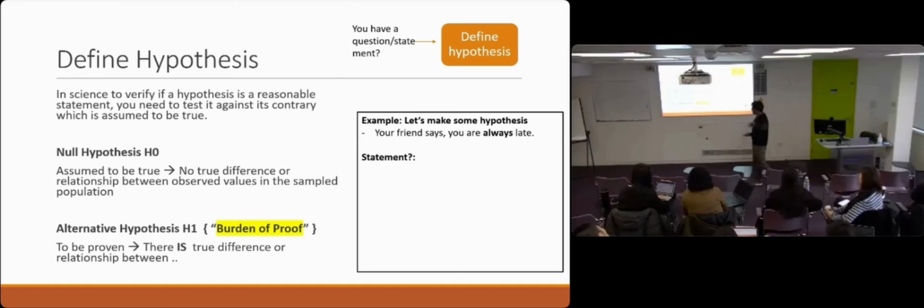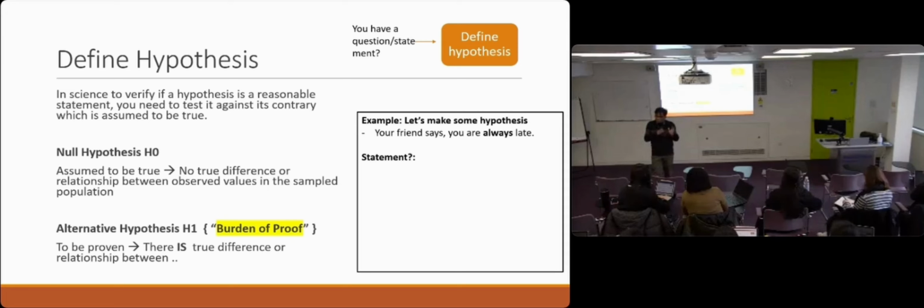It is the same thing as in the judicial system. Anybody in a criminal case is innocent unless proven guilty, right? So when they fight in court, the burden of proof is on the prosecution. They have to prove that he is a criminal or committed a crime, and the other party only has to defend that he is not.